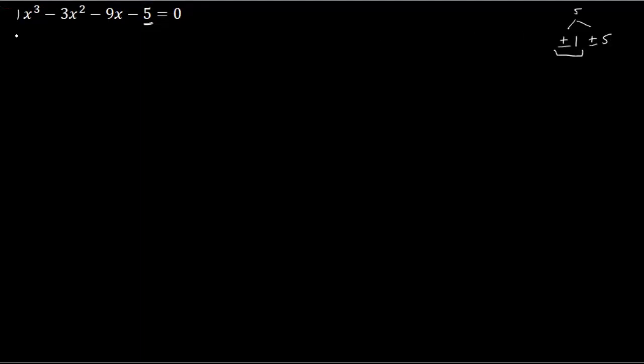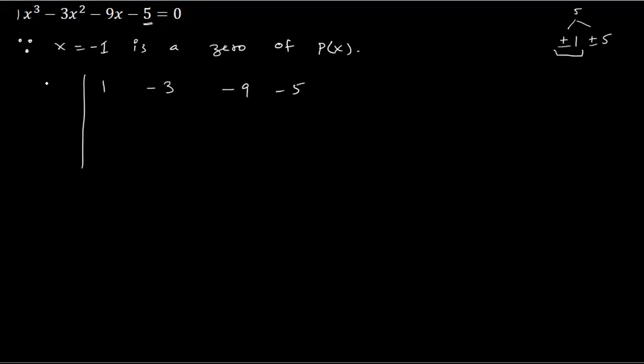Okay, so since x equals -1 is a zero of p(x), let us use synthetic division. So write these coefficients 1, -3, -9, -5, and x equals -1.